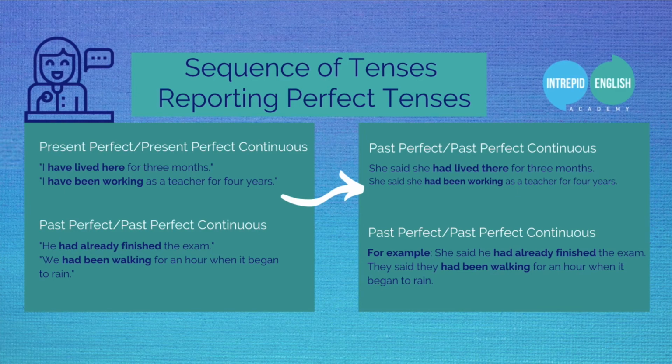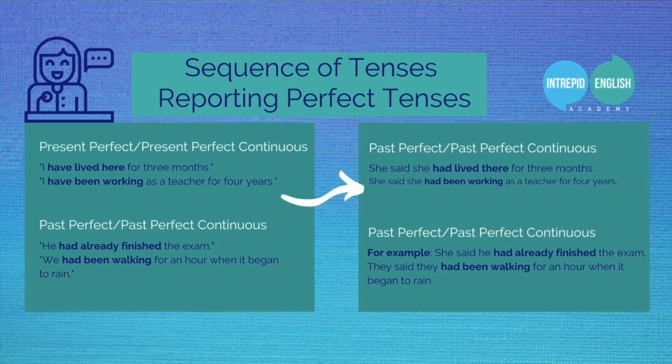Some more sequence of tenses here, reported perfect tenses. So we've had a look at some simple past and some past perfect continuous. Now let's have a look at present perfect and present perfect continuous, which becomes past perfect and past perfect continuous. So we're just shifting it back a whole tense. For example, I have lived here for 3 months becomes she said she had lived there for 3 months. So notice what's changed here. She had lived there.